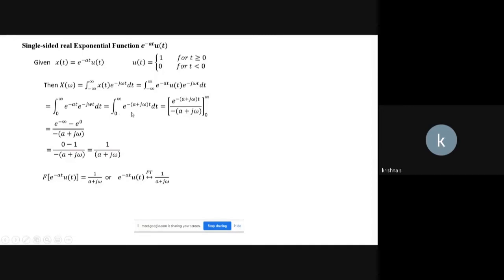So the integration is e to the power of minus a plus j omega into t, divided by minus a plus j omega. If you substitute infinity, e to the power of minus infinity becomes 0, and substituting 0 gives 1 by a plus j omega. So this is our Fourier transform of the one-sided exponential signal.